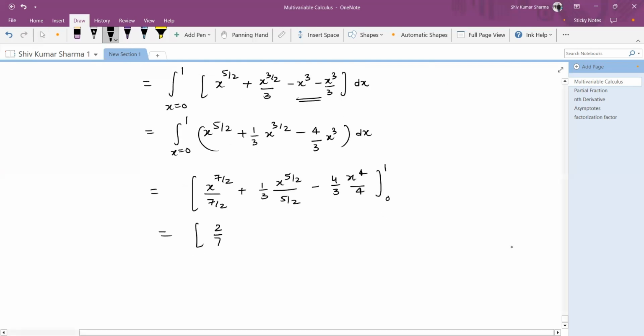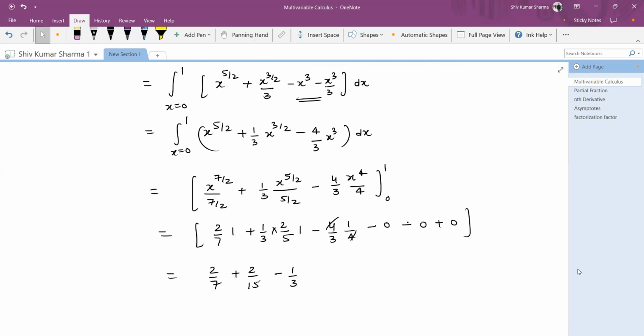So apply the limits. This gives us 2 upon 7, since 1 raised to the power 7 by 2 is 1, plus 1 by 3 into 2 upon 5, minus 4 upon 3 into 1 upon 4. And when we apply the lower limits, it gives us 0. So we simplify: 2 upon 7 plus 2 upon 15, the 4s cancel, so minus 1 upon 3.